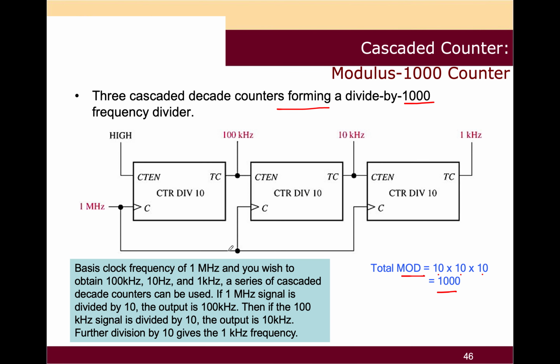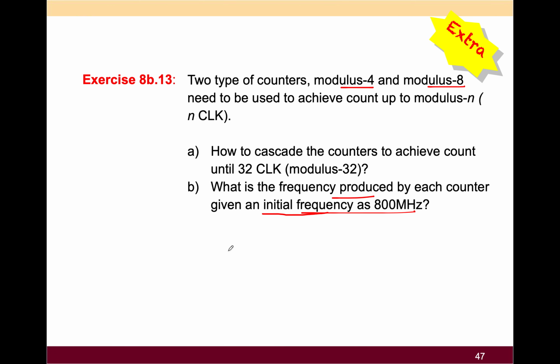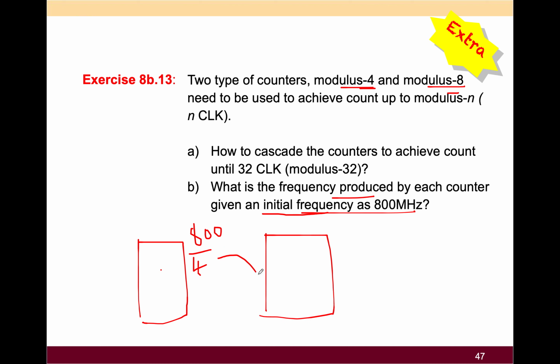But let's say the difference is you have 4 and 8, so I just draw a block, okay, as you know I'm going to draw ugly. Over here is your modulus 4, and you need to know it's going to divide by 4. So let's say you have 800, then you divide by 4, and you put this frequency into the next modulus 8.